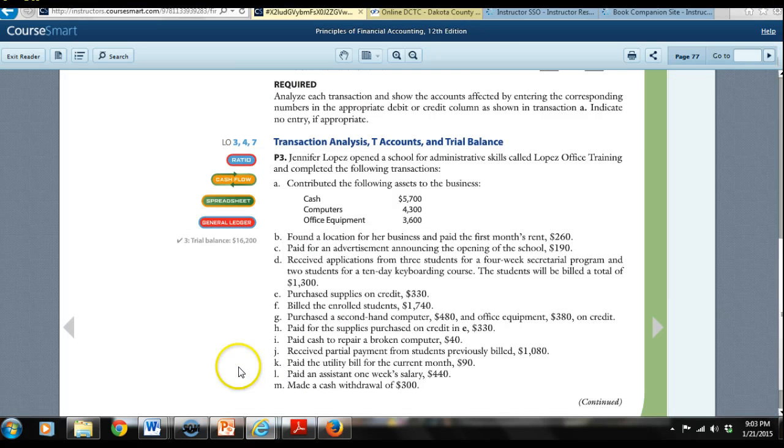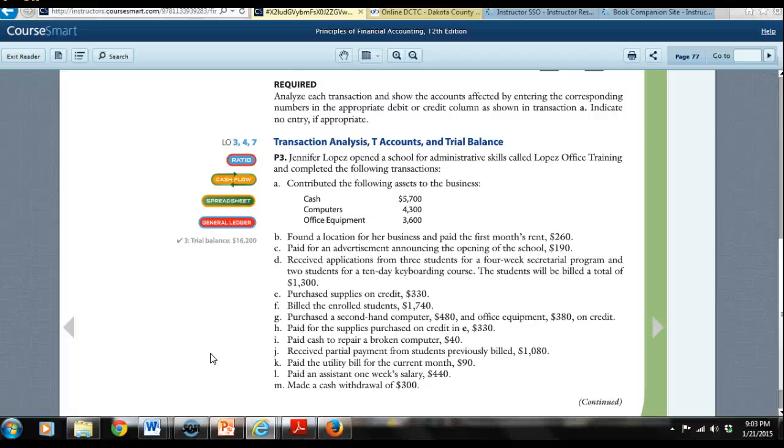Next, received partial payment from students previously billed for $1,080. So where did we show they were initially billed? Accounts receivable and revenue.